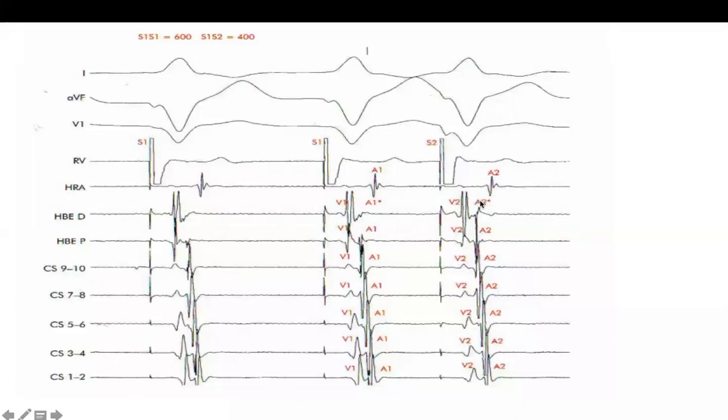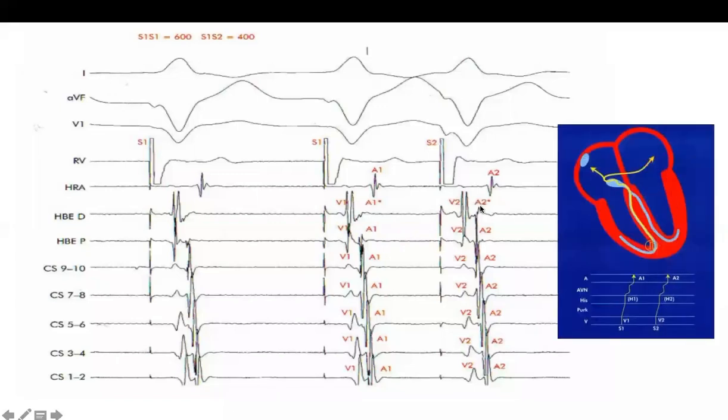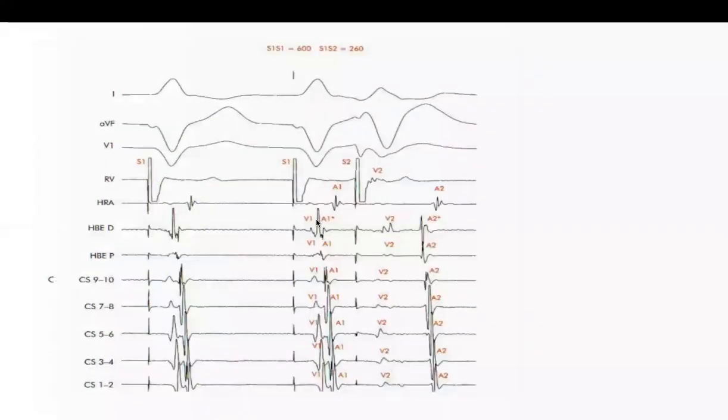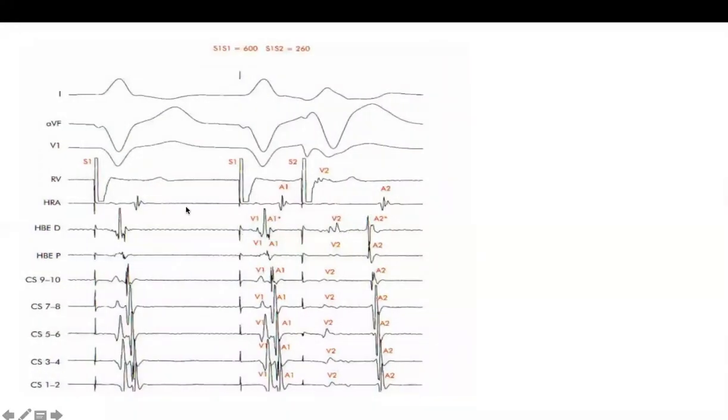Now, if you decrease the extra stimulus duration from the S1 to S2, you make it shorter, you're going to stress the AV node in the retrograde way to the degree that you get more VA duration, and it's getting even longer.